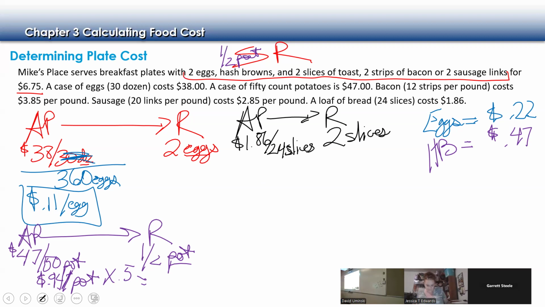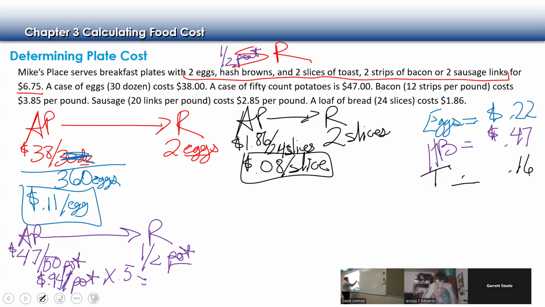Okay. So again, $1.86 divided by 24 slices gives me 8 cents per slice. Multiply by 2, and my bread is what? 16 cents. Okay.